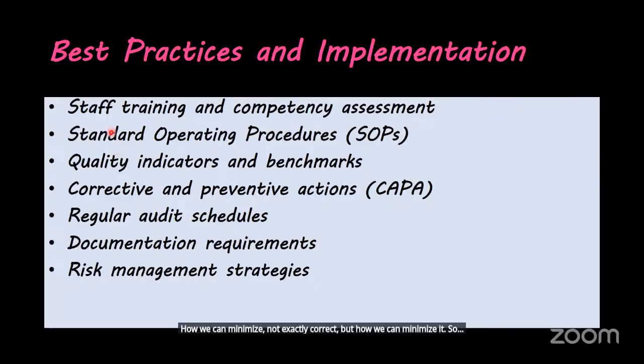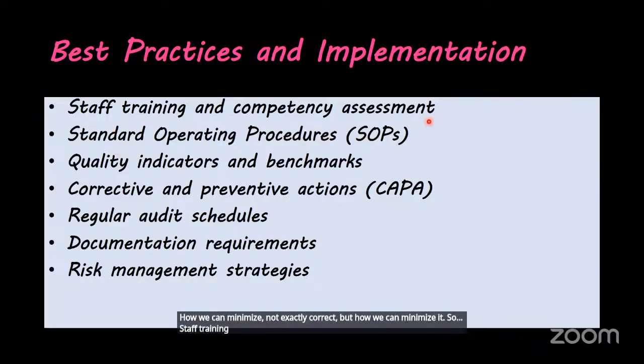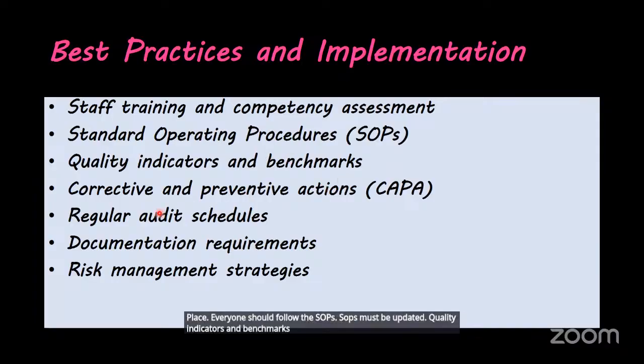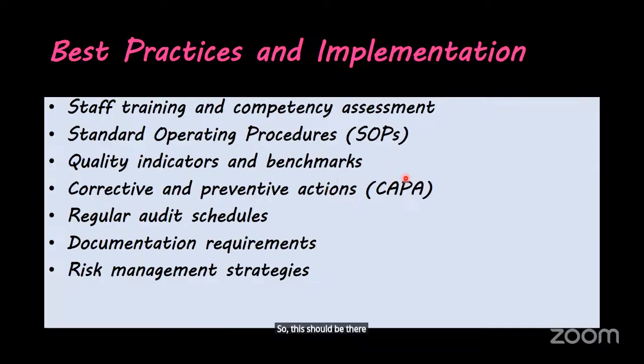Staff training and competency assessment need to take place frequently. Everyone should follow the SOPs. SOPs must be updated. Quality indicators and benchmarks should be followed, and this should be in regular practice.